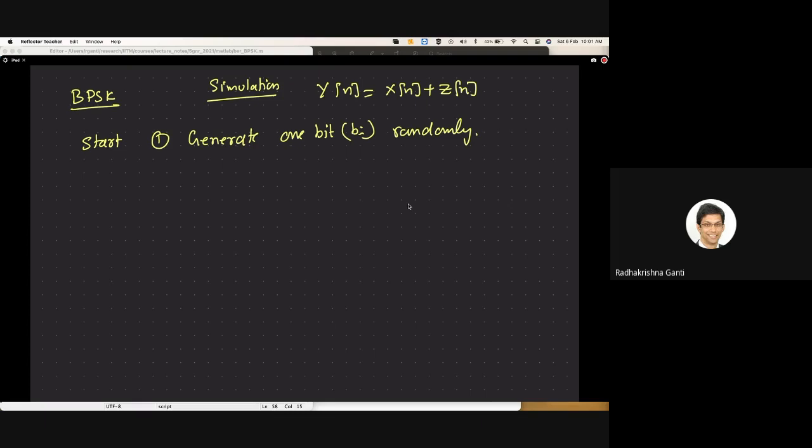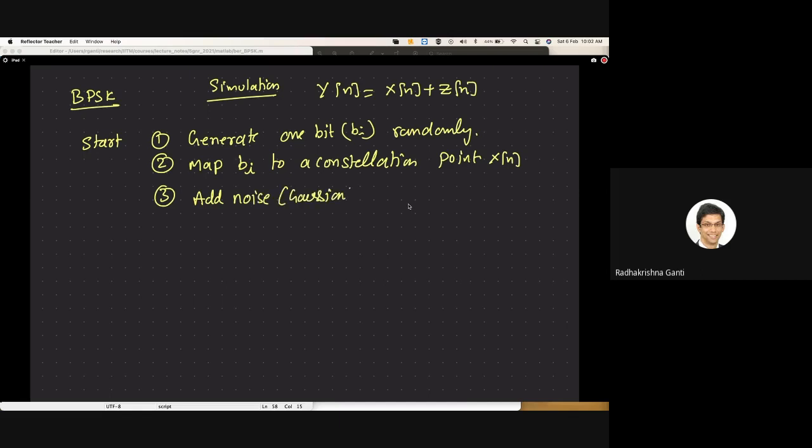The second step is map b_i to a constellation point, which we call x of n. The third step is add Gaussian noise, so we have y of n is equal to x of n plus z of n. Essentially, generate z of n and add that.